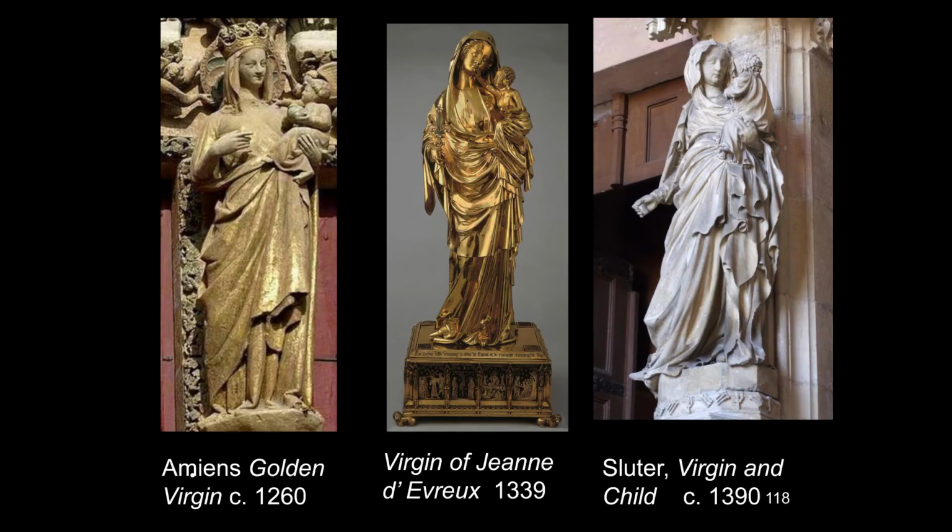Here are a couple of other predecessors of this. One is the statue I was thinking of when I said the Virgin and Child does frequently appear on a trumeau. This is at the Cathedral of Amiens, and it is known as the Golden Virgin because it was gilded. And here you see this beautiful, courtly image of Mary with her crown.